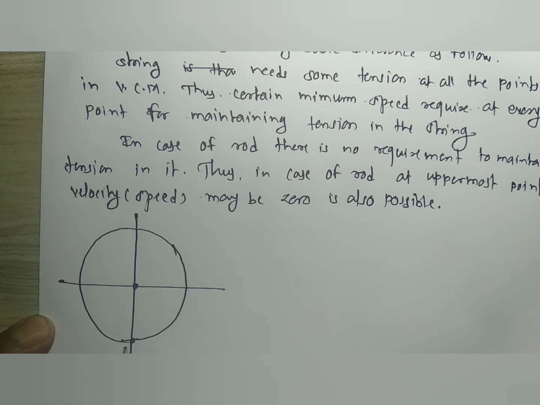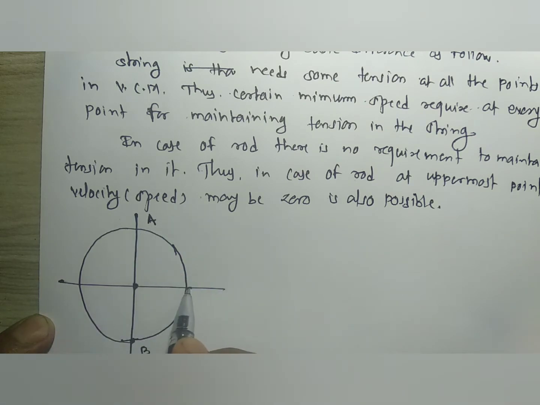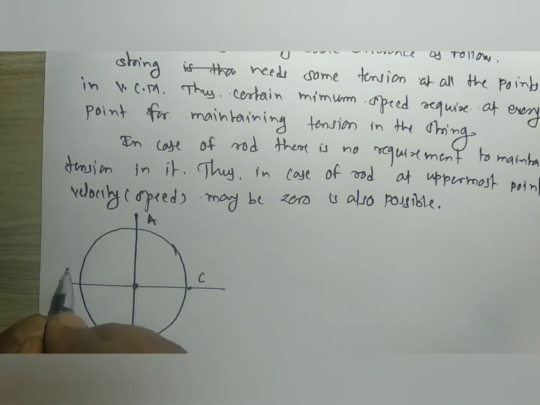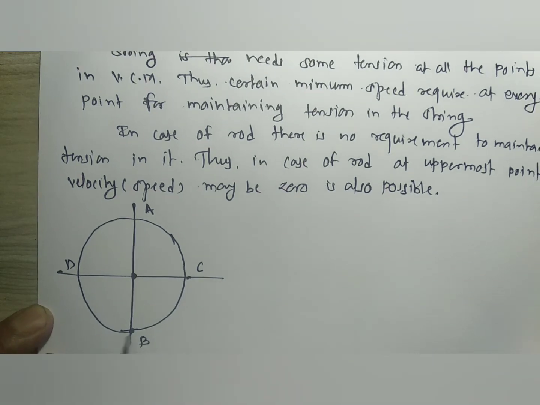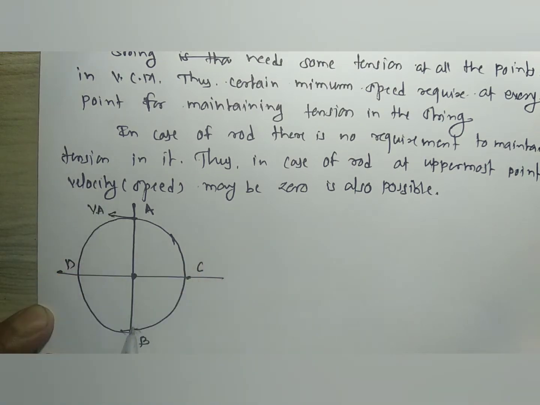This is the lowermost point, point B. It is the uppermost point, point A. It is a horizontal point, that means points C and D are here. And from these 3 points we have to follow the consideration. Here VA is the velocity, here VB is the velocity, and here we will get VC or VD as the velocities.